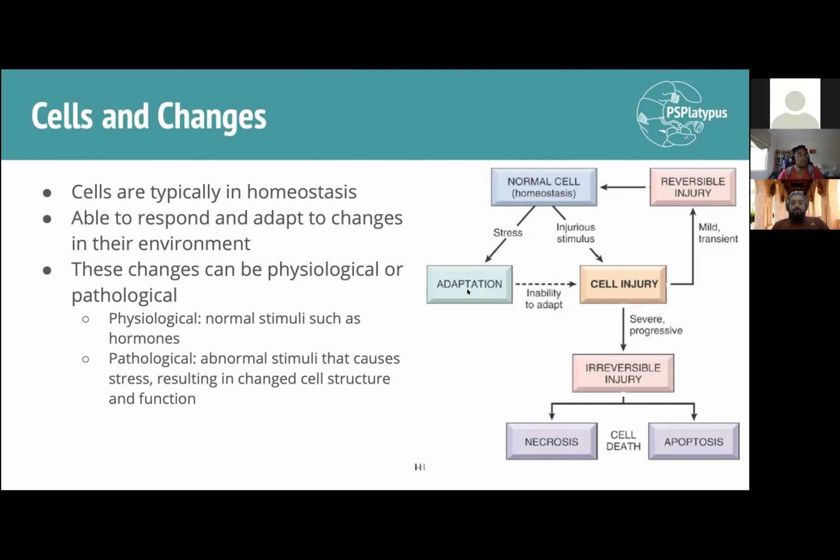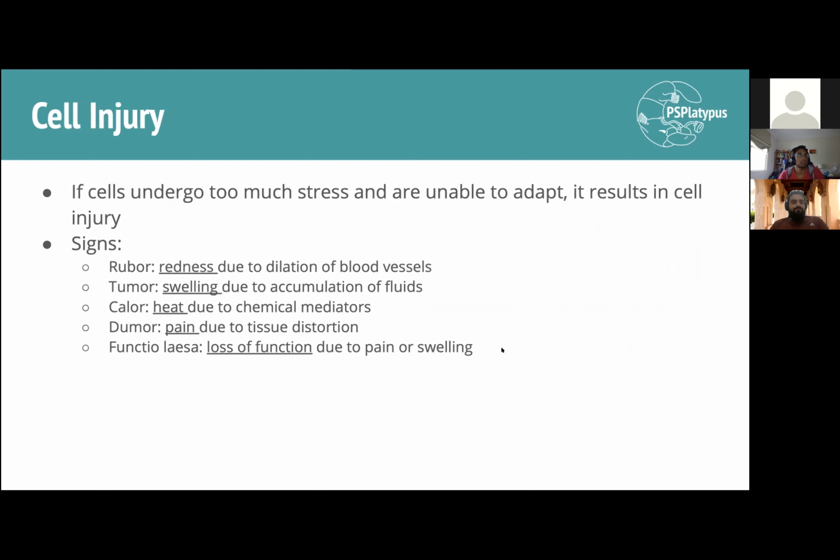However, if it was too much and the cell cannot adapt to this stress, it will be treated as a cell injury. And then we have two pathways for cell injury. It can be severe cell injury or mild cell injury. If it was severe, it will undergo cell death. But if it was mild, it will be considered a reversible injury, which we'll talk about in seconds.